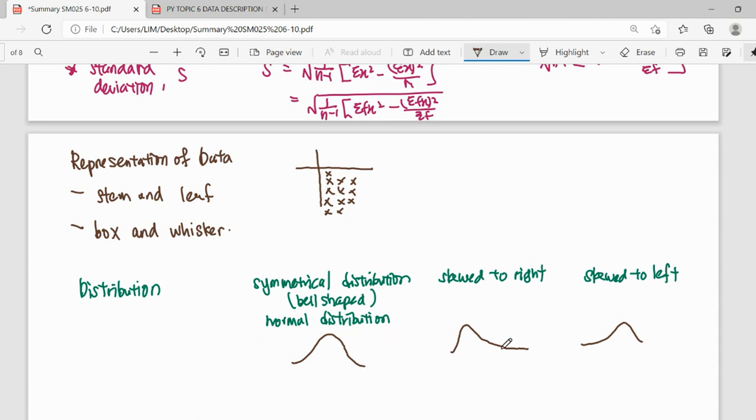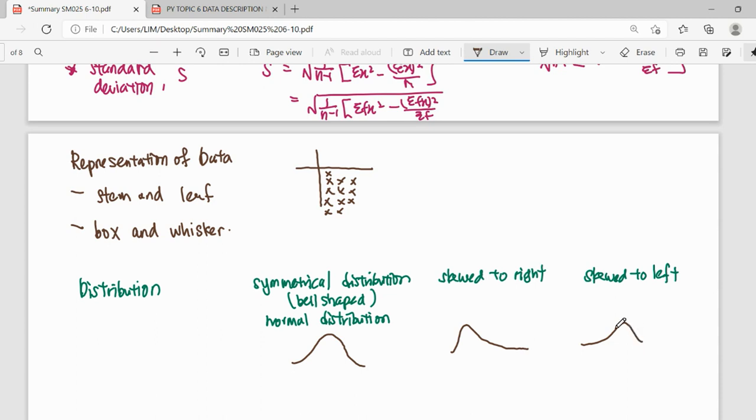What does this mean? If we are talking about results, a lot of you are getting very low results, but one or two people get very high results. So they will skew the data to the right. What does skewed to the left mean? Maybe a lot of people are doing very well.